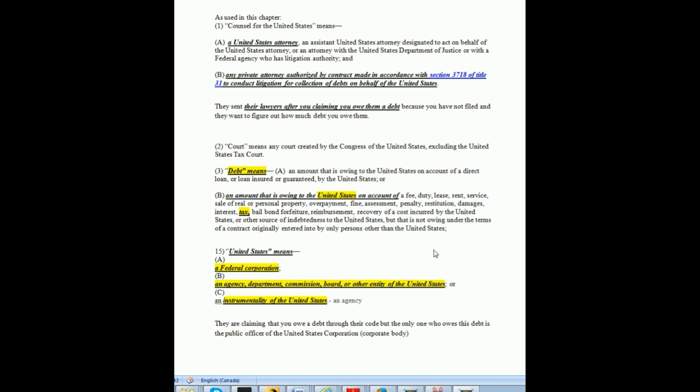They are declaring that you are incorporated in the federal corporation and you owe them an obligation as such to the code. You owe them a debt, a tax debt, and they are seeking to collect that against you now. But your fundamental rights and freedoms frees you from all this garbage.